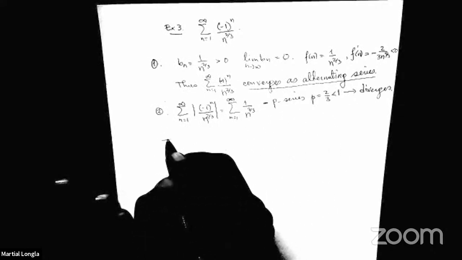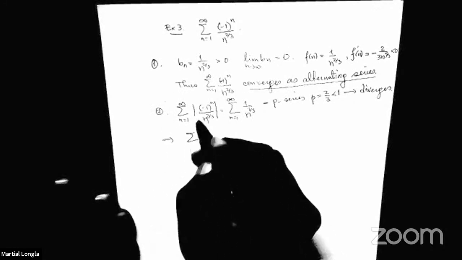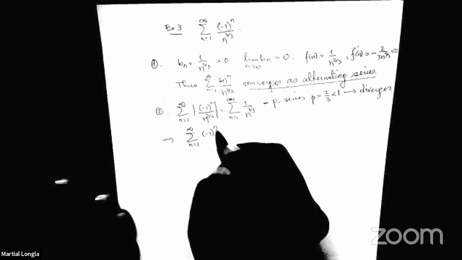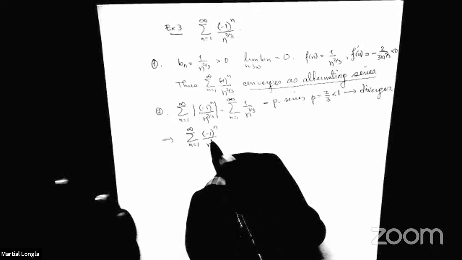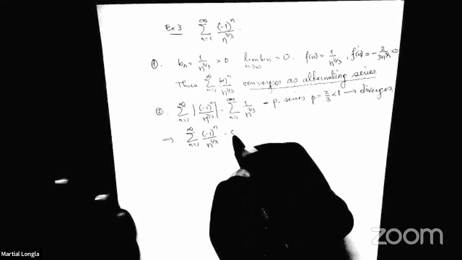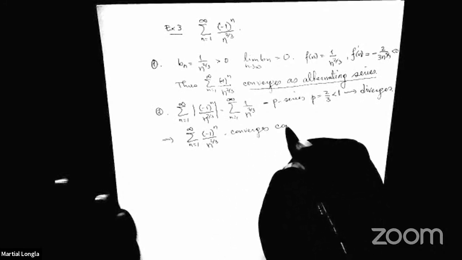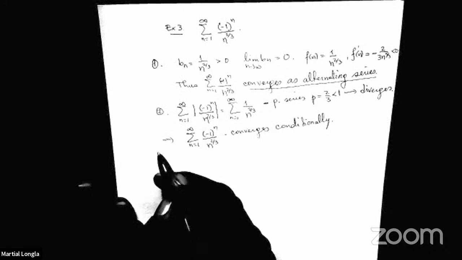This converges as alternating series, so the series converges how? Conditionally. Excellent. So we got examples that converge absolutely, and an example that converges conditionally, and then I can give you a last example.